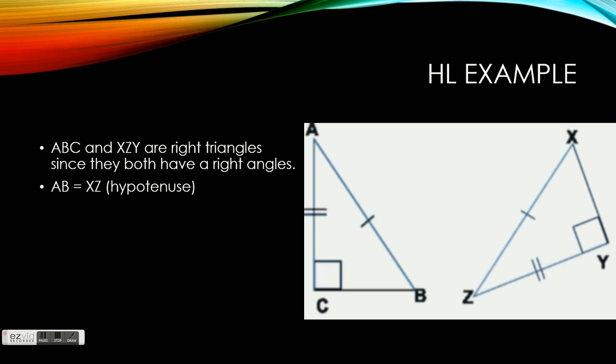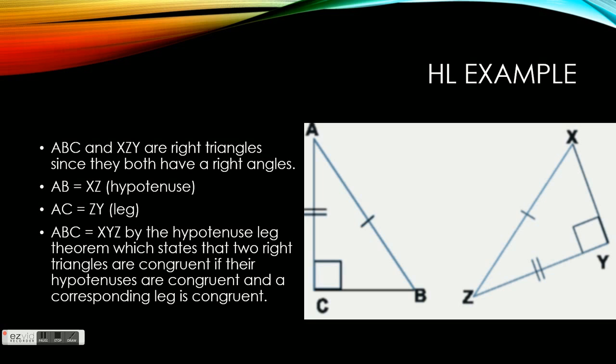And we also have AC equal to ZY, those are the legs of the right triangles. So ABC equals XYZ by the hypotenuse leg theorem, which states that two right triangles are congruent if their hypotenuses are congruent and a corresponding leg is congruent.